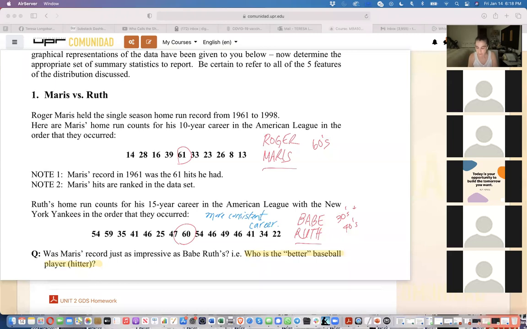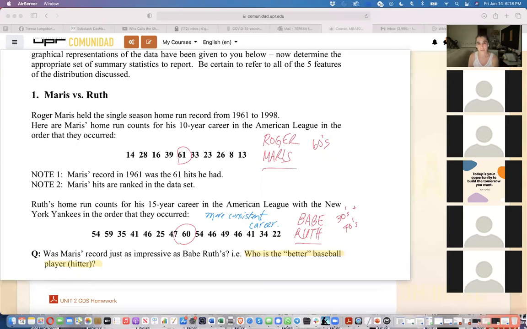You'd be more confident in Babe Ruth being a successful baseball player than you would be in Roger Maris, if you had money, right? If you could bet on either of them, you'd rather bet on Babe Ruth, more reliable, more consistent career in terms of home runs. So we know the answer.